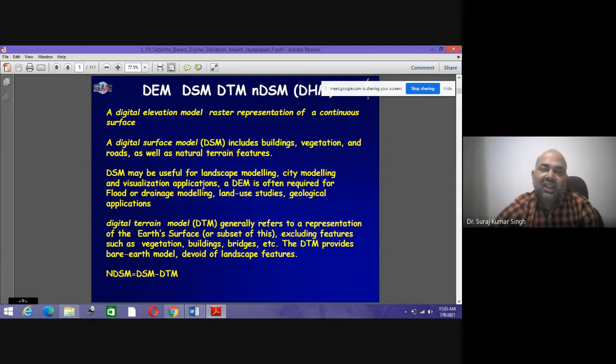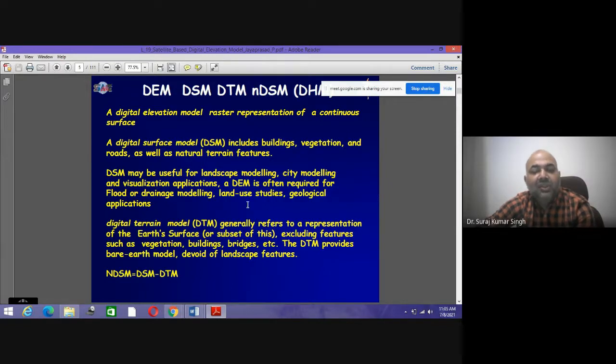But when we see our digital elevation model, we do not see those surfaces, because each and every application has got a different purpose. So if you want to see the height of the buildings, you have to first create a DSM, and on the basis of DSM you can recreate the real representation of each and every building represented on the earth surface, whereas a digital elevation model is used for flood and drainage modeling, land use studies, geological applications.